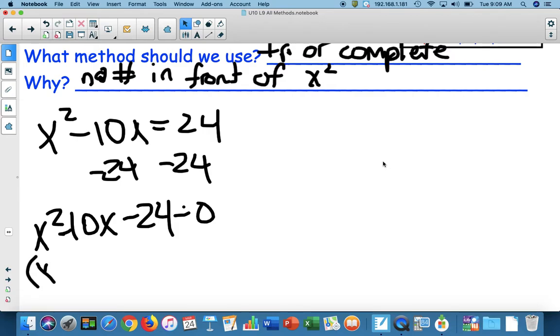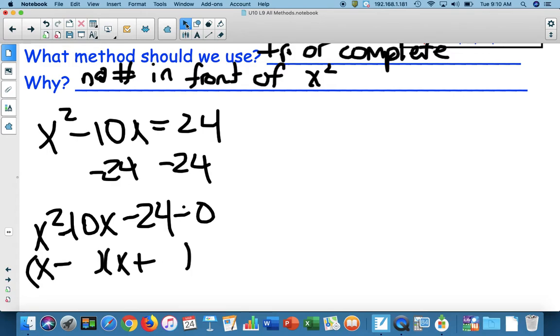So x minus, sorry guys, let me fix that for you. So we have x minus, and we have x plus. Don't forget, drop the negative 10, and then negative times negative is a positive. And two factors of 24 that combine to 10 are 12 and 2.